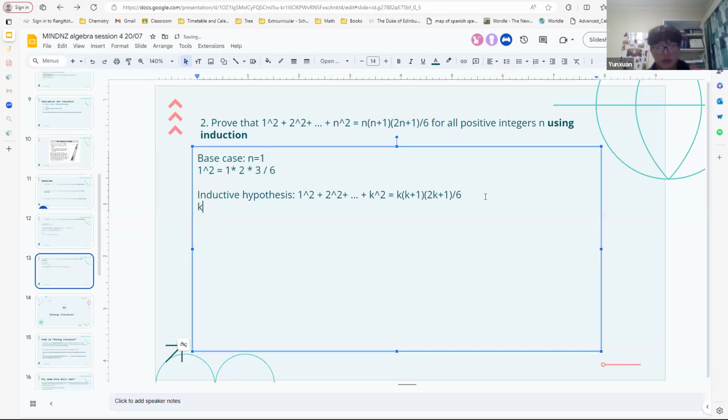So for k plus 1, we need this sum of consecutive squares to equal k plus 1 times k plus 2 times 2k plus 3 over 6. And once we add k plus 1 squared onto both sides, what do we have?